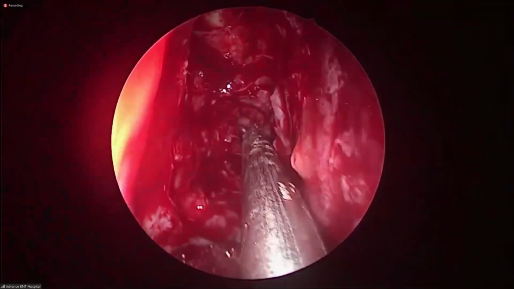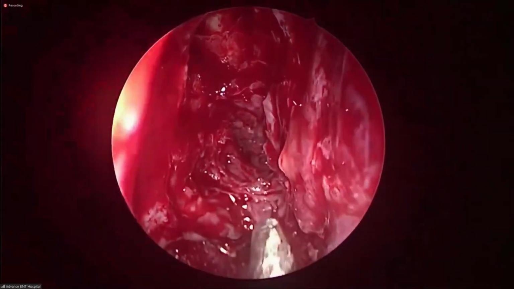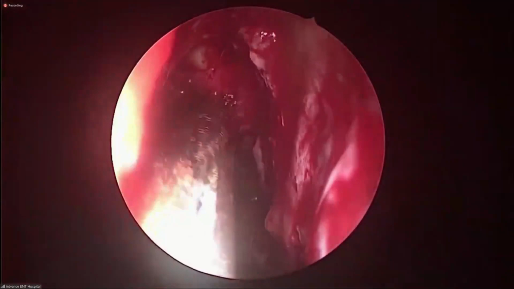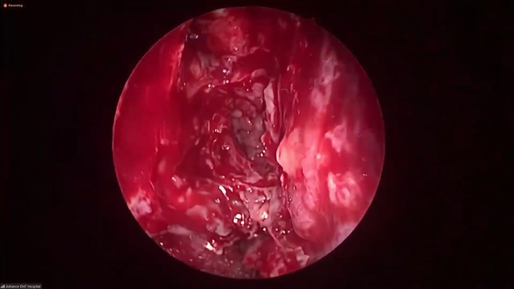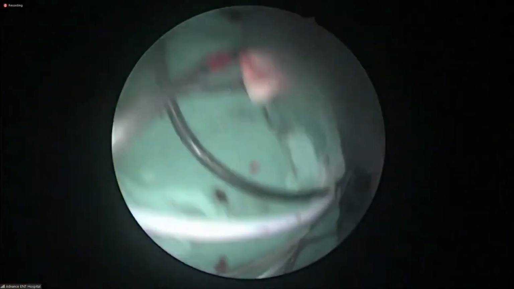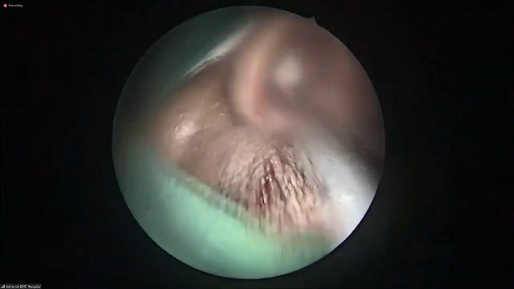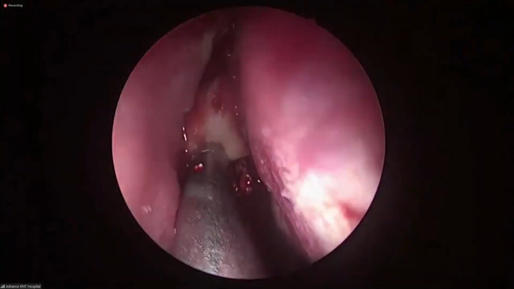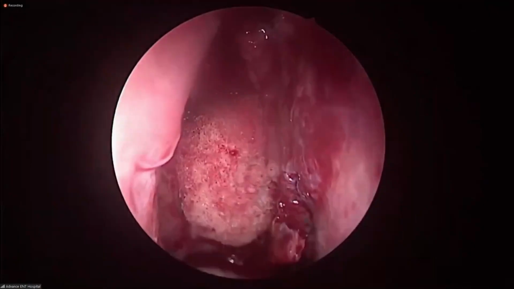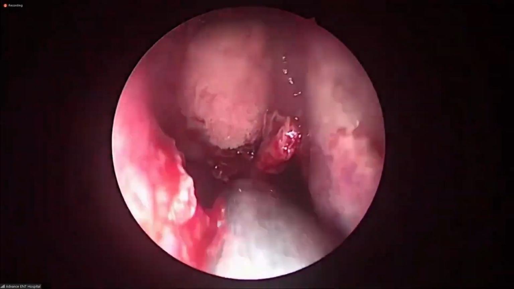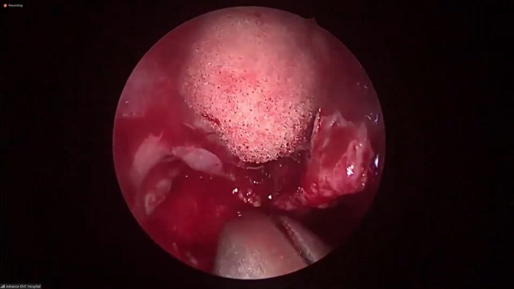Where is that? Bleeding has reduced a bit, but still there is. Yeah, it will come under control. See, the moment I finish this surgery, everything will stop. Now I am not much bothered about that.